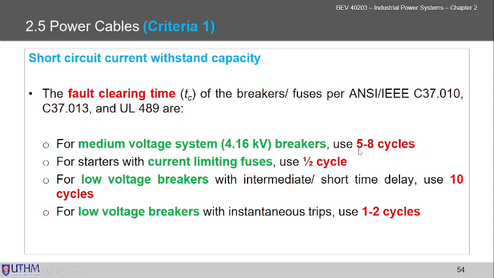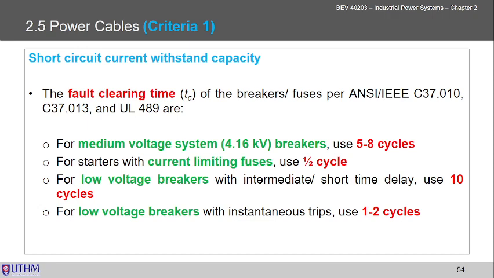So how to calculate the 5 to 8 cycles? Cycles means, if you have a 50 hertz, how many cycles? So 50 hertz, of course, is 1 over 0.02 second, one cycle. So one cycle is 1 over 50.